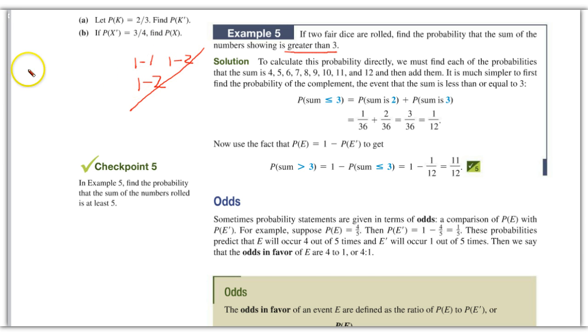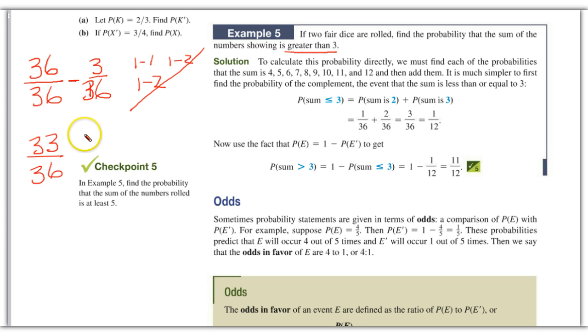And we did say earlier that the universe of rolling dice is 36 out of 36. And if we just subtract the 3 that we are not looking for, then we end up with 33 out of 36.